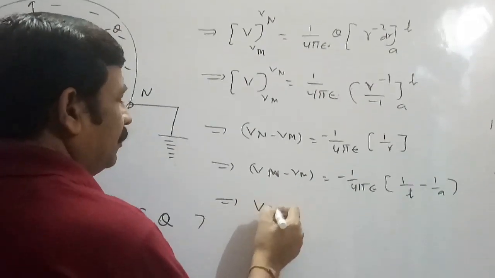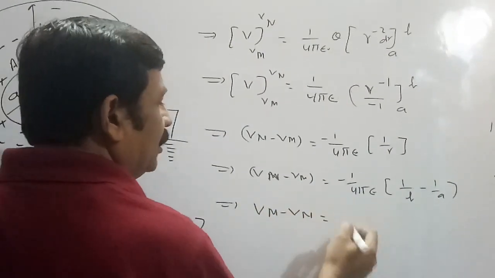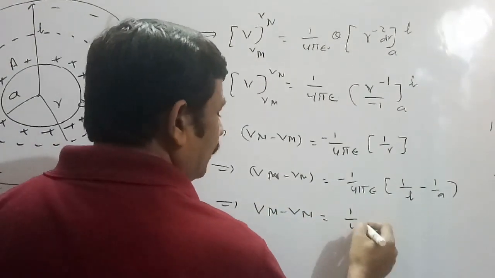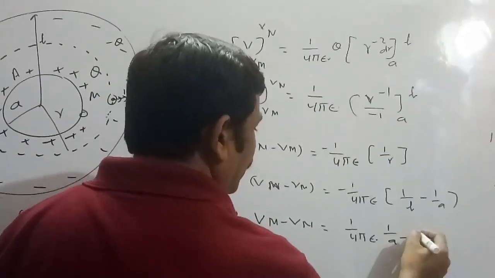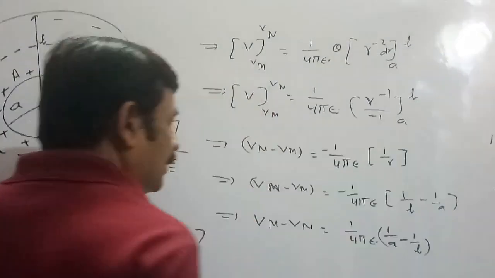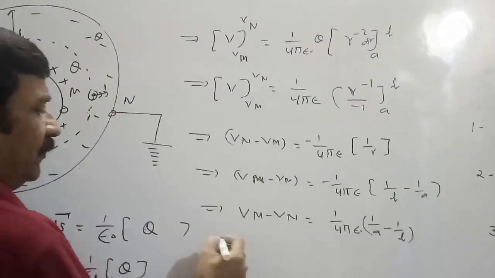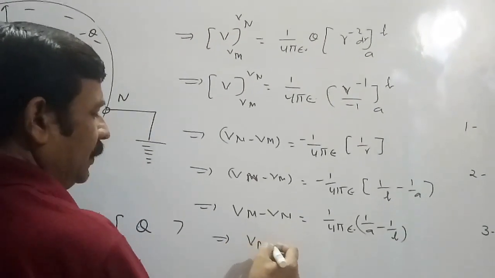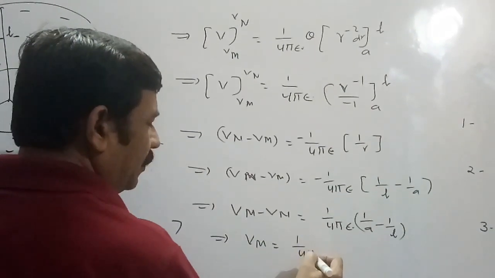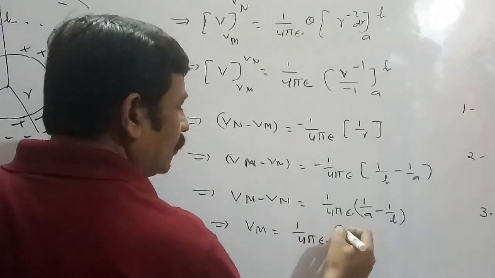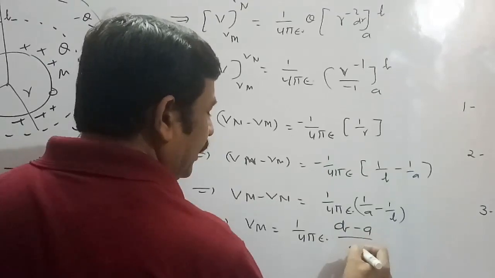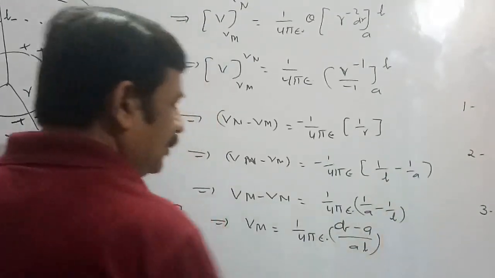Multiplying by the minus sign, you will get Vm minus Vn is equal to 1 upon 4 pi epsilon naught into 1 upon a minus 1 upon b. Since point N is connected with earth, the value of Vn will be 0. So Vm minus Vn will be only Vm, which equals 1 upon 4 pi epsilon naught into b minus a upon ab when we take the LCM.